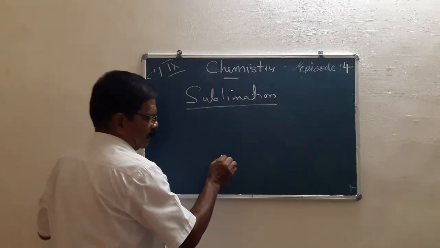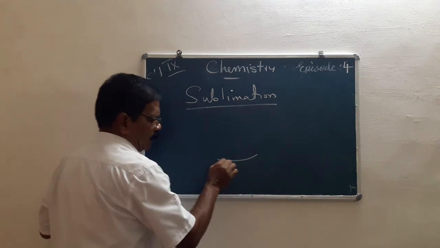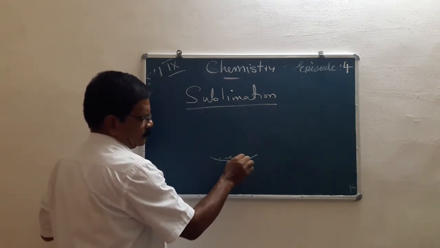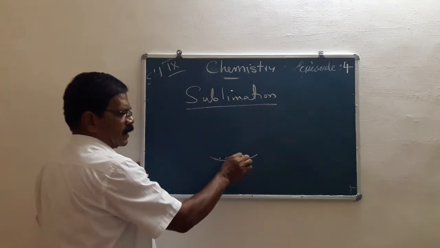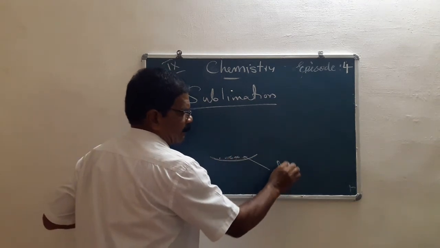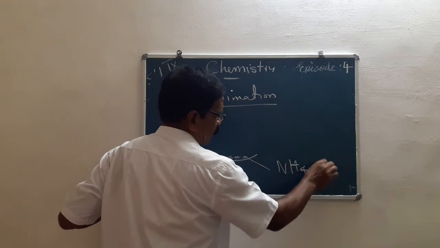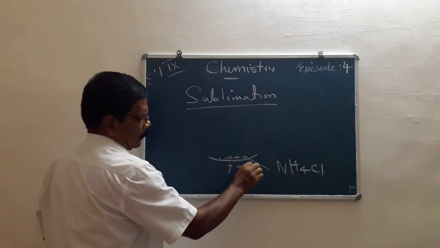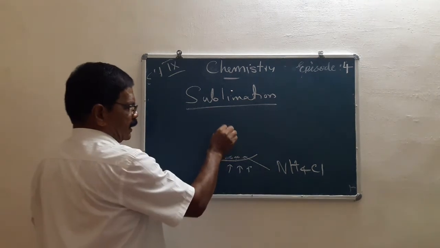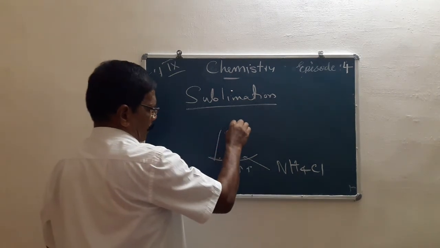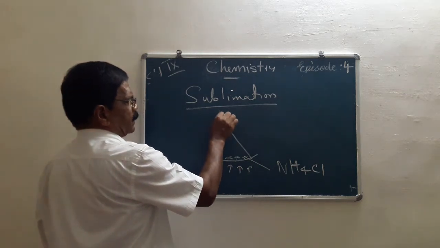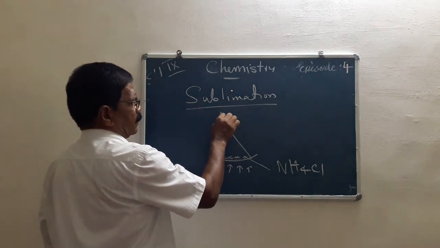For example, some ammonium chloride, NH4Cl, is taken in a china dish and heated. A funnel is inverted over it, and at the tip a cotton plug is fixed.